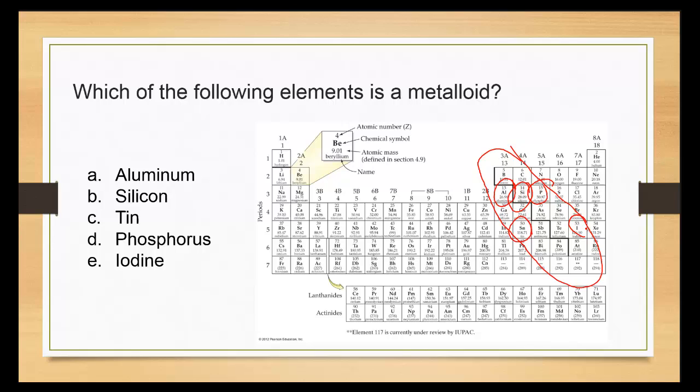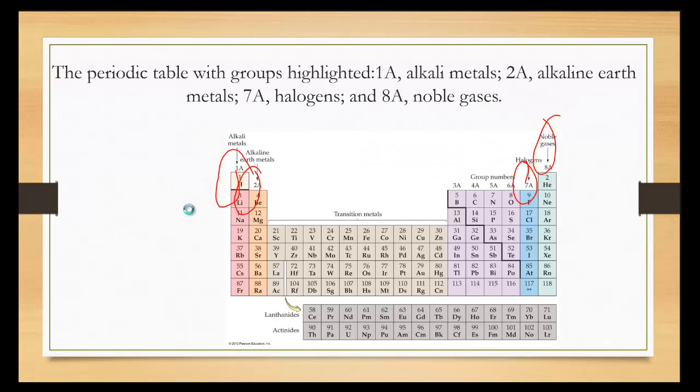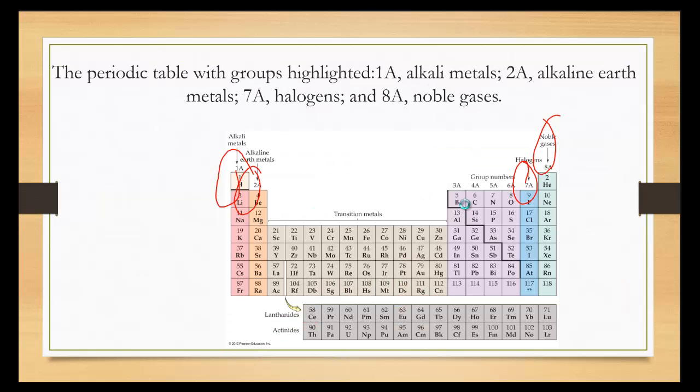The only ones that are actually on the line are aluminum and silicon, so we'd have to choose between those two. If we go back to our picture here, notice that aluminum is technically considered a metal even though it's touching the line, while silicon is considered a metalloid. So that means our answer will then be silicon.